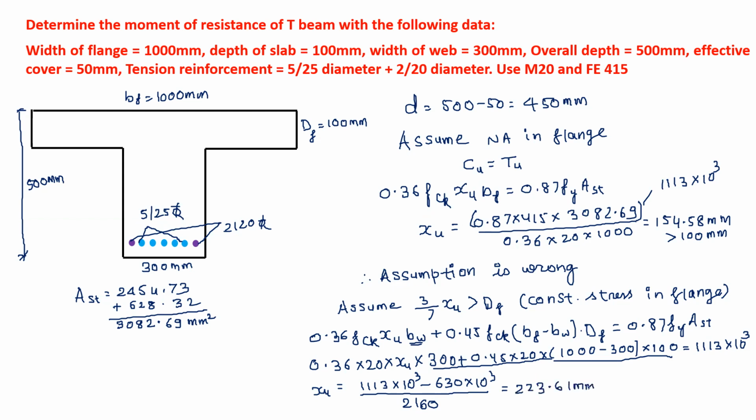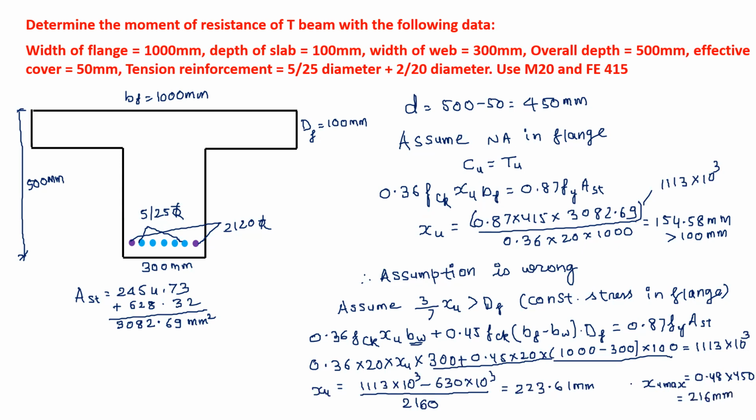Now we have to find out XU max, for Fe415 we have 0.48 D. D is 450, and if we calculate this value, it comes 216 millimeter.